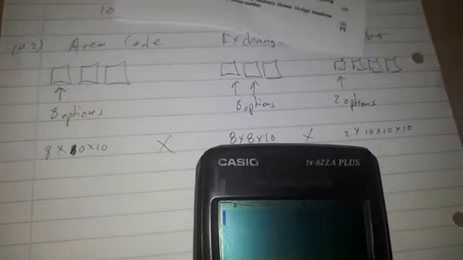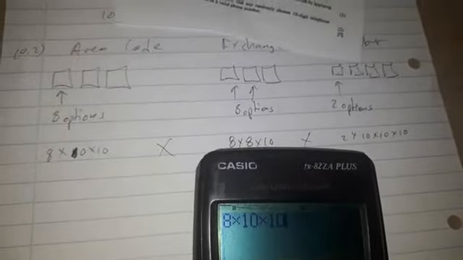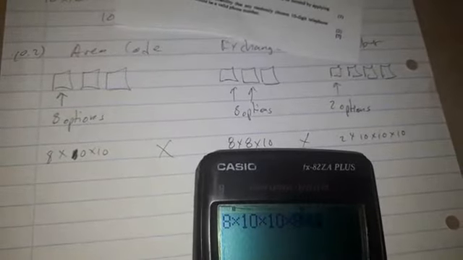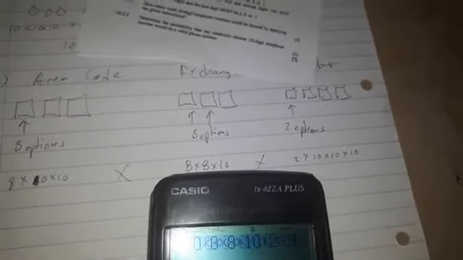So let's see what that gives us. 8 times 10 times 10 times 8 times 8 times 10 times 2 times 10 times 10 times 10, that's it. Whew, another big number. How many zeros? 3, 6.